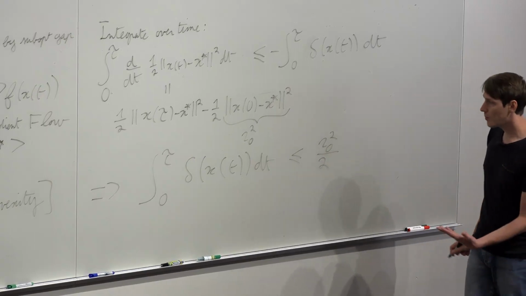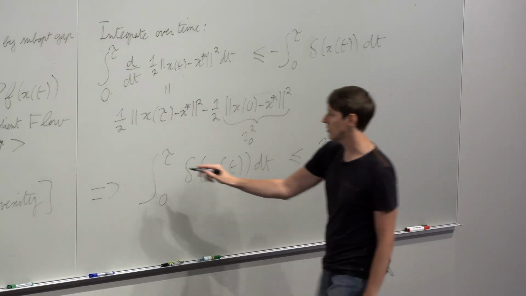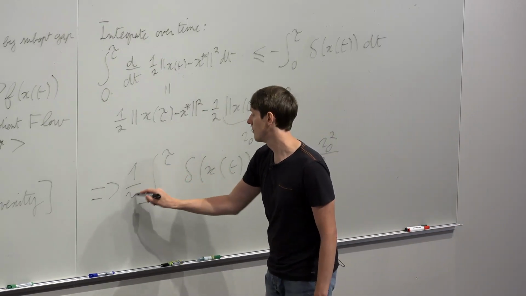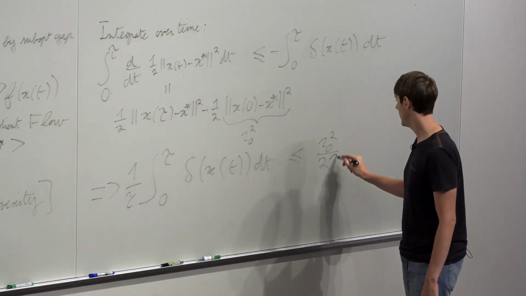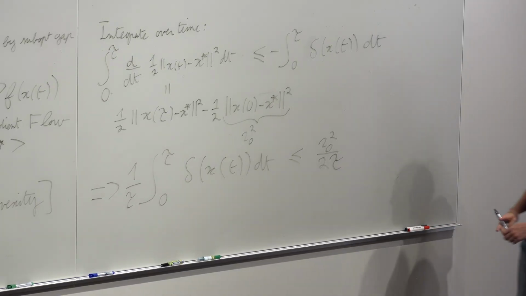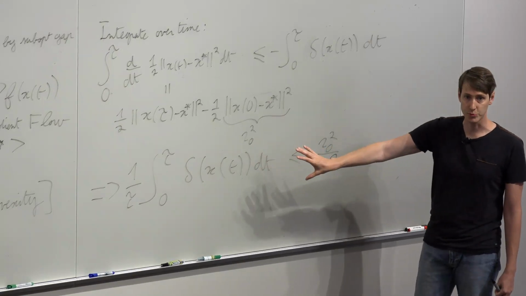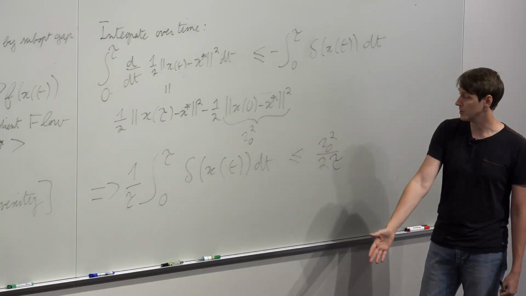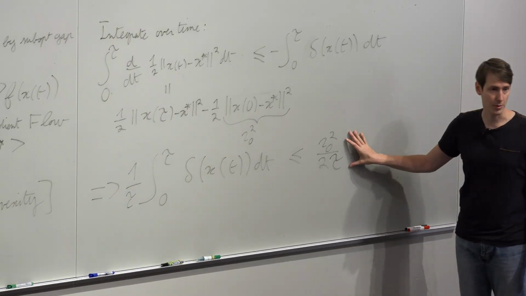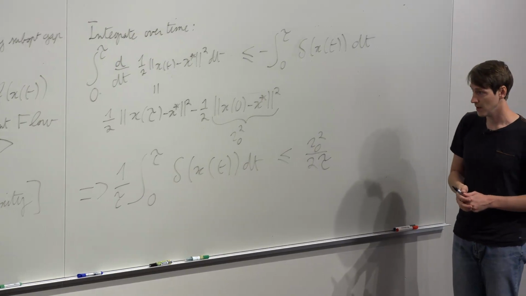Let me normalize so that I have averages, because with convexity we like to take averages. So let me normalize by 1 over tau, 1 over tau and 2 over tau. I see that the average suboptimality gap that I observe on the trajectory of gradient descent is bounded by this term, which goes to 0 as tau goes to infinity.